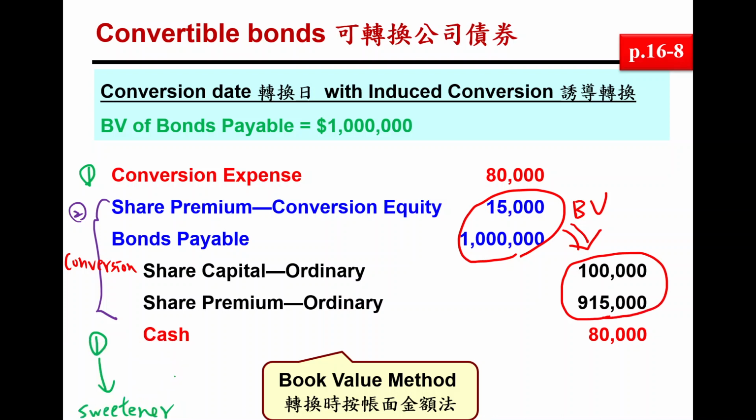Share capital is how many shares? 100,000 shares times $1 par value.